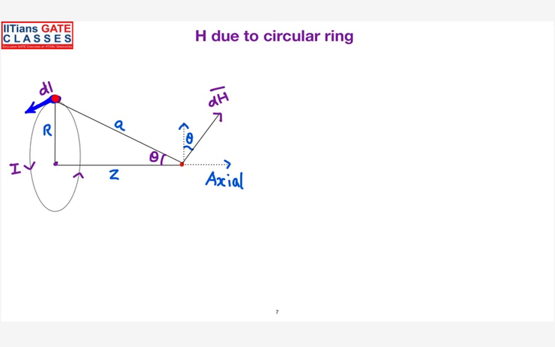So this represents your current direction, and this is my radial vector. So I have considered a magnetic field which is perpendicular to both this current element and the radial direction, which I was calling a differential magnetic field.